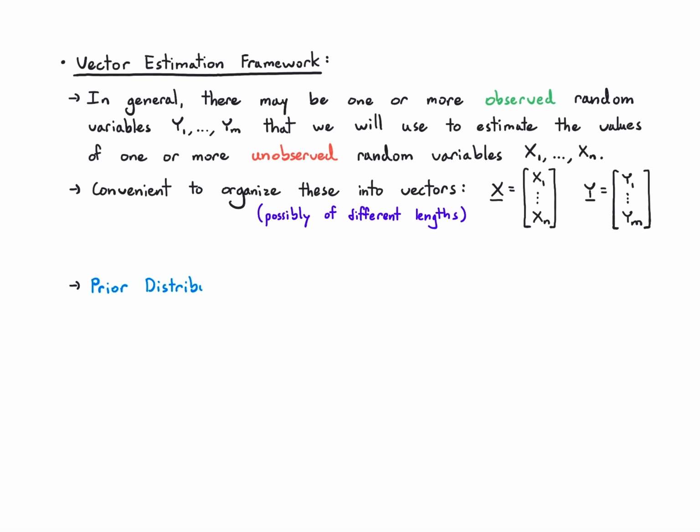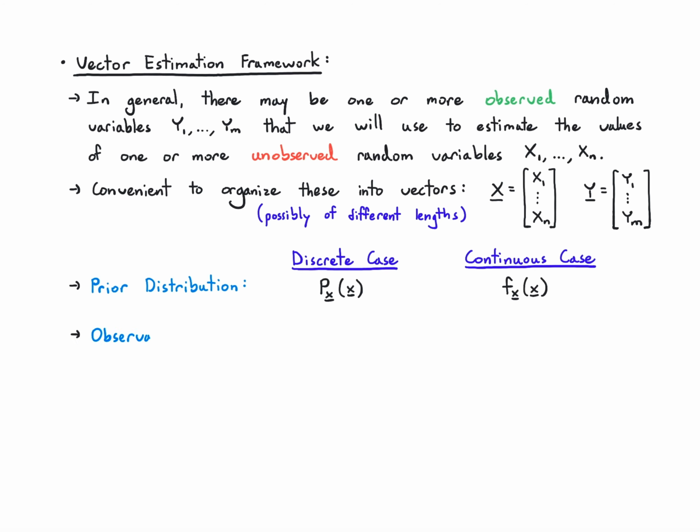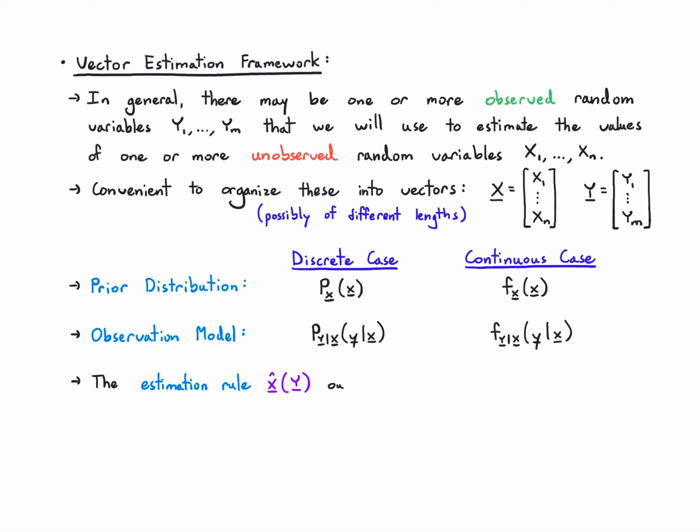I'm going to have a prior distribution as before. In the discrete case, that's a joint PMF, and in the continuous case, a joint PDF, defined on this vector x. I have an observation model, which is how I observe y given x. I'm going to have a conditional PMF or a conditional PDF using the vectors, and an estimation rule, which puts out a vector after taking in a vector.